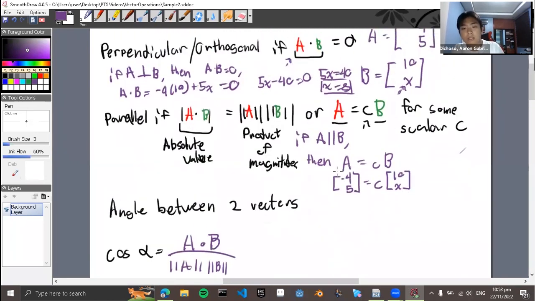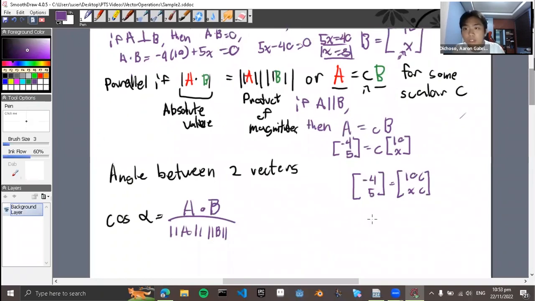If we solve this, we would get (4, 5) is equal to (10c, xc). And here, makikita natin we have some sort of system going on, a system of linear equations. So we can do 10c equals 4, x times c equals 5.